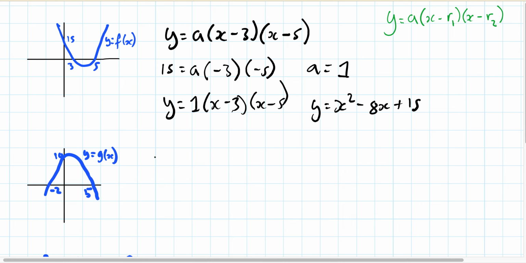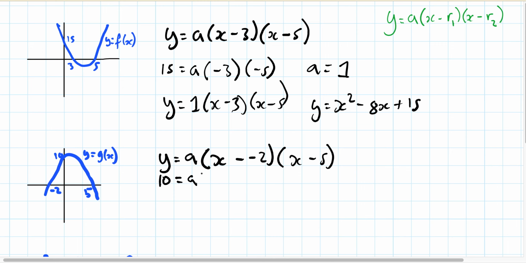So next up, again, we're going to do the same thing. y equals a(x minus 2)(x minus 5). Again, y equals 10 when x equals 0.